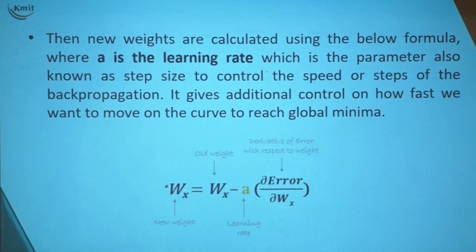Wx is the original weight, the first weight. I am updating that particular weight with respect to a small parameter which is called the learning rate. We should also know the difference between the old weight and the new weight, whether it has been updated or not. So we introduce one parameter which is called what? Learning rate.